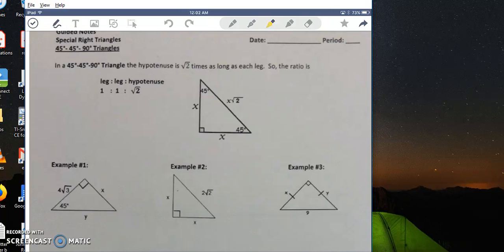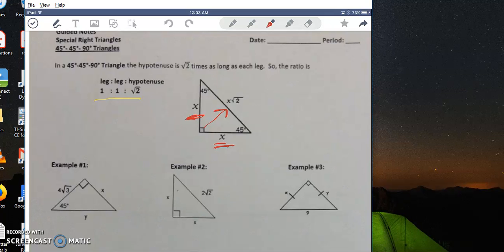All right, so we have the 45, 45, 90 triangle. It has its own special properties and rules. This is a rule that you have to know, okay? Basically, you have one side being x, the other side being x, and then the hypotenuse, the one directly across from the right angle, is always whatever the legs are times radical 2.